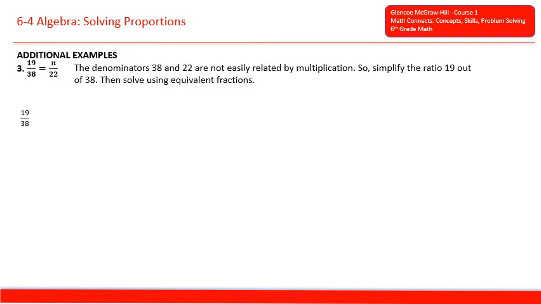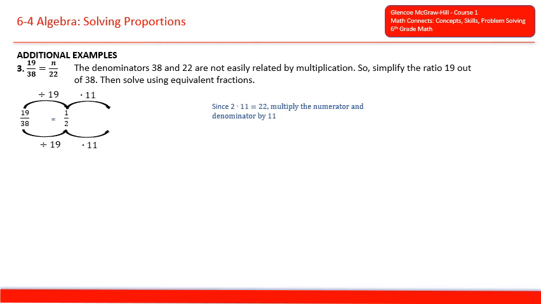So 19 over 38, we're going to divide the numerator and denominator by 19 because 19 is the greatest common factor of 19 and 38, and we'll end up with 1/2. Since 2 times 11 equals 22, and that's the denominator we're looking for, we'll multiply 2 times 11 and 1 times 11, and we'll get 11 over 22.